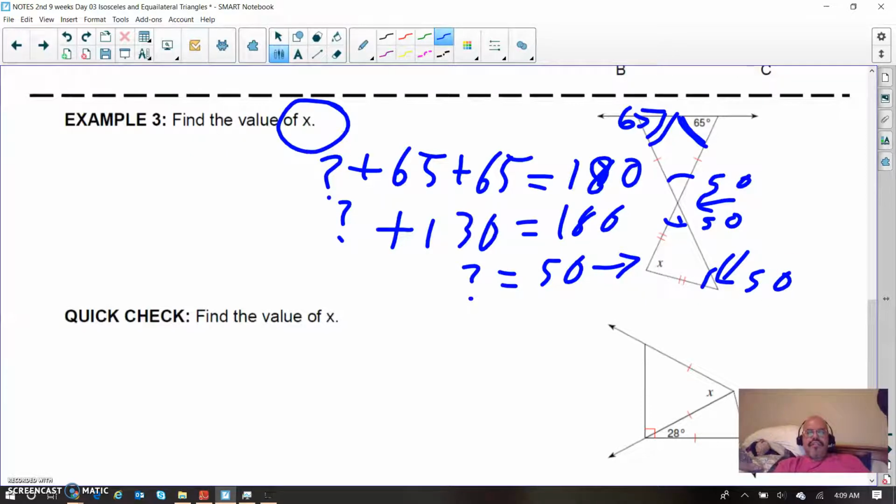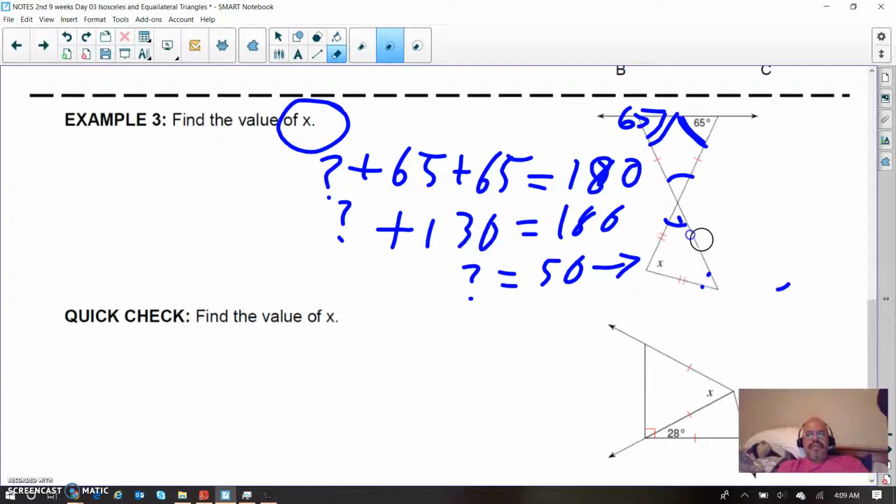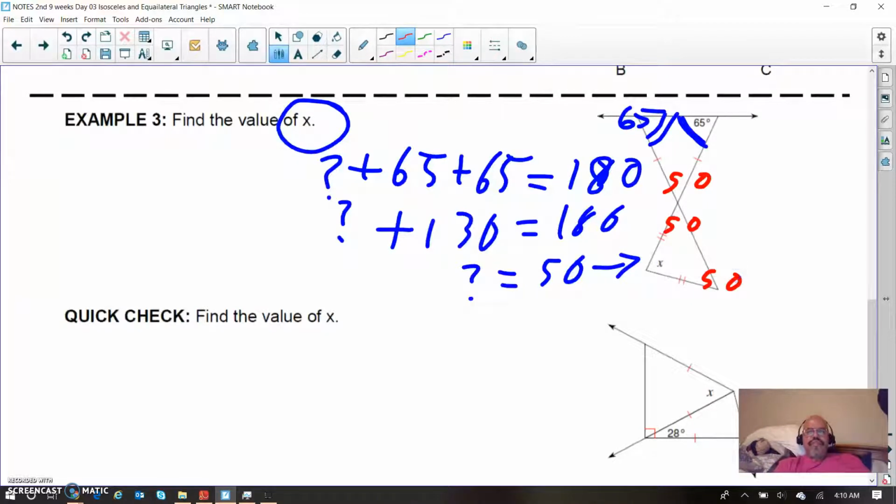Since we have 50 for, let me write this. Let me go ahead and use a different color. Wish they made the picture a little bit larger. But oh well. So this angle is 50 degrees. This one's also 50. This is also 50.